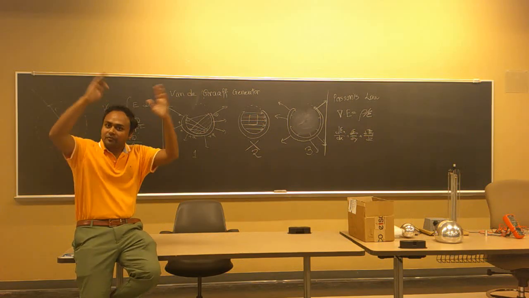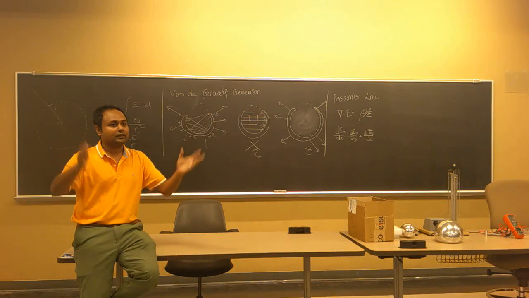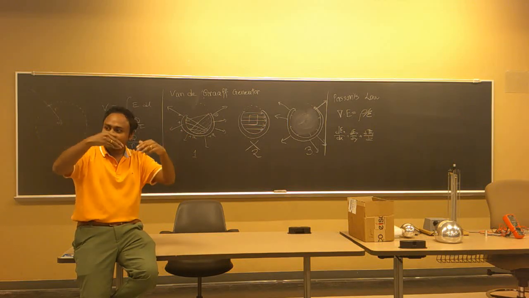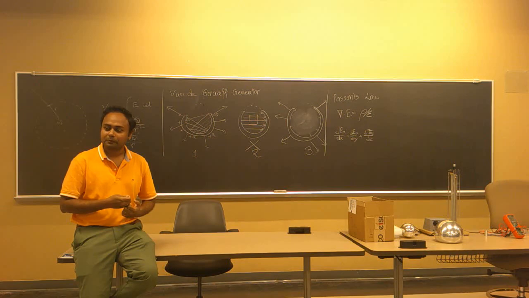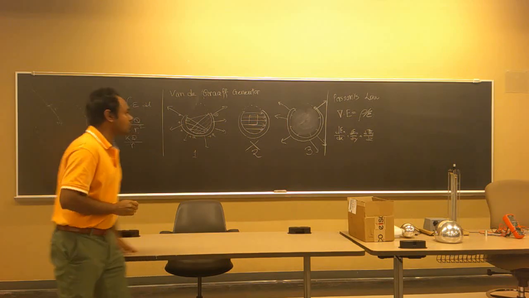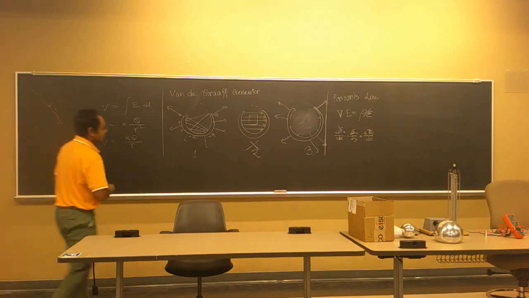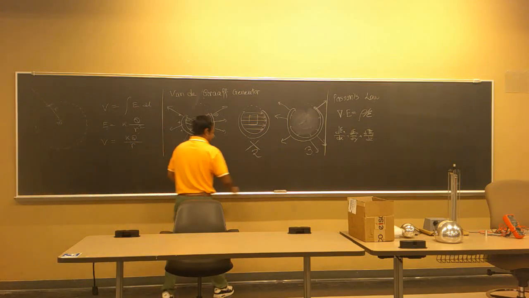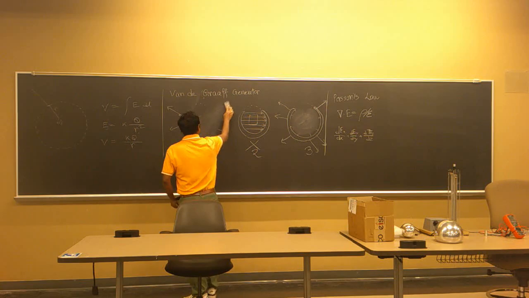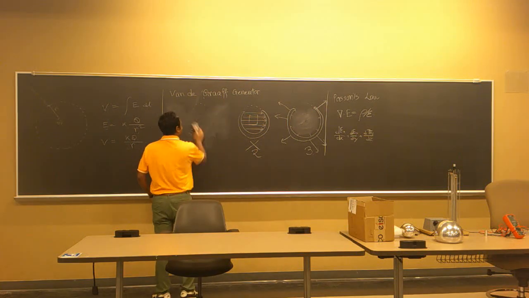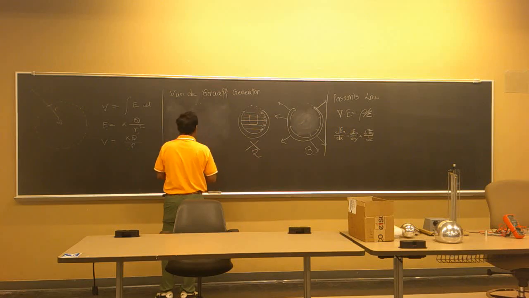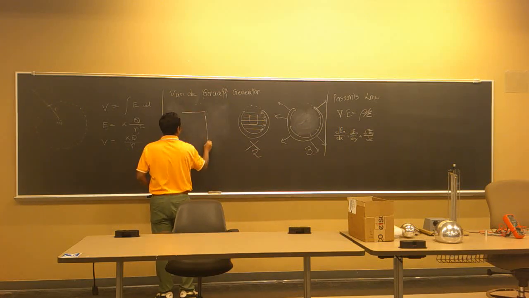Okay? If you take a hollow sphere, there will be no electric field interior to that sphere. This is also true if it is not a sphere. Let's say that we are talking about a rectangle.